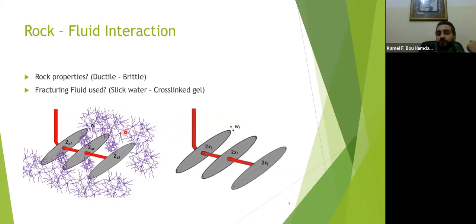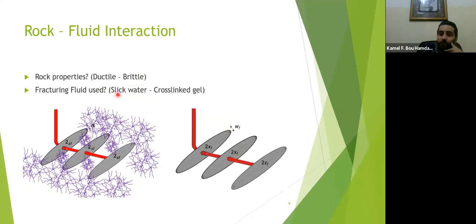What about the fracturing fluid that is being used? Whether we are using slick water or cross-linked gel, the main difference between them is the viscosity. Slick water is less viscous than the cross-linked one. Because they are less viscous, they can penetrate smaller pore sizes.